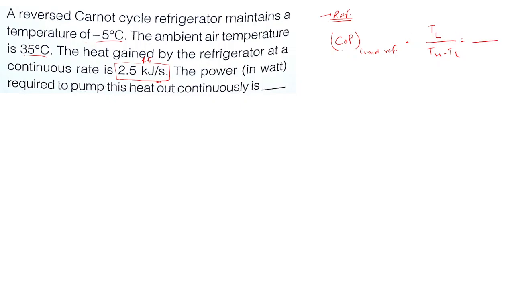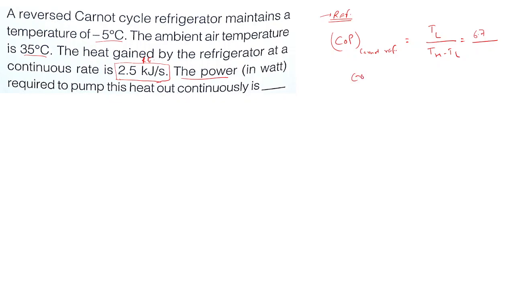Lower temperature we know -5 and higher we know 35, and put this in Kelvin only. So something you will get. How much are you getting? 373 watt. No, no, COP is what? 6.7. So see, when you get the COP, you now have to find the power because you know the refrigeration effect.